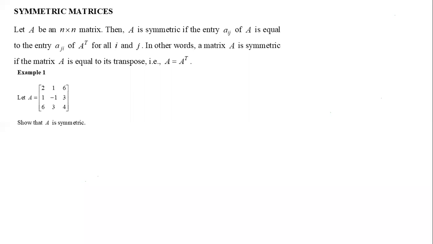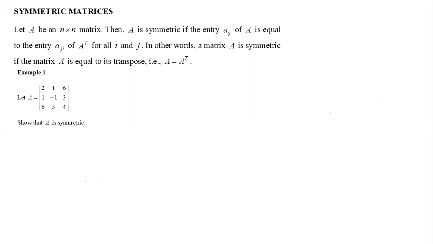Look at this matrix example. We have a matrix A. Let A equal, this is a 3 by 3 matrix: 2, 1, 6, 1, minus 1, 3, 6, 3, 4. Then we want to show that this A is symmetric. For me to show this A to be symmetric, I need to find what? A transpose.